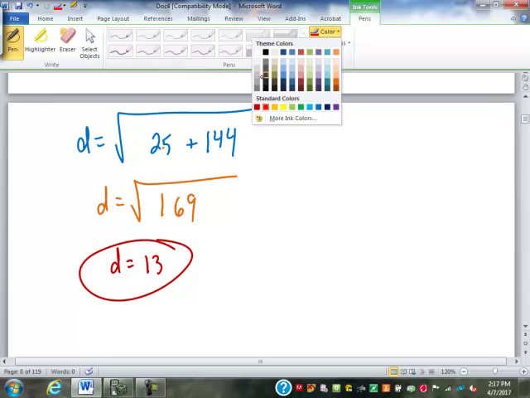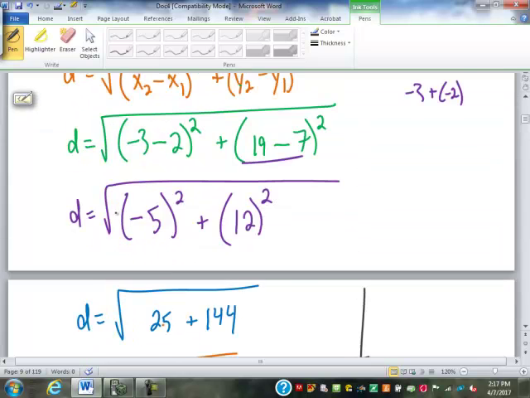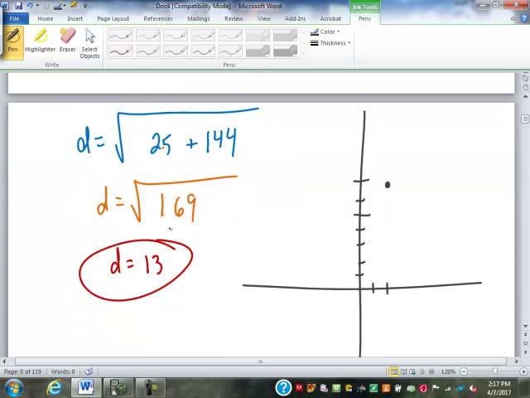If I look on the graph, there's 2, 7. -3, 19 isn't going to work for me.